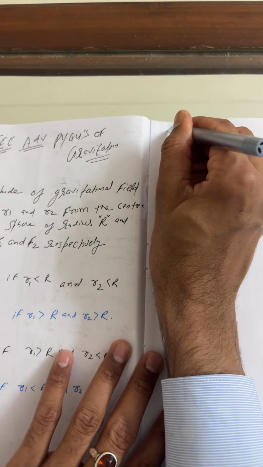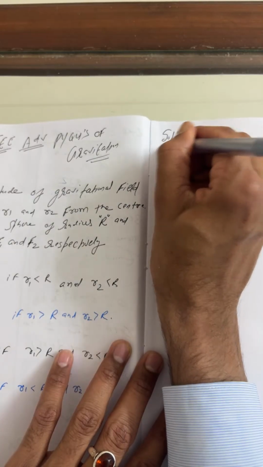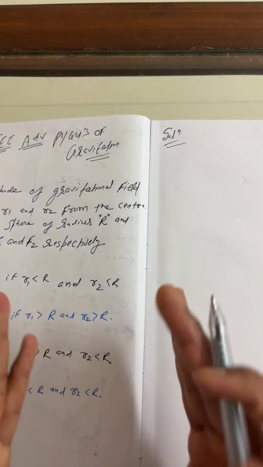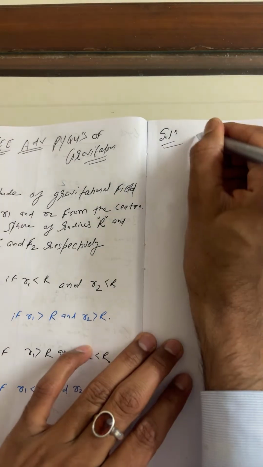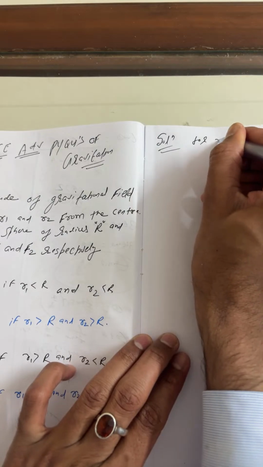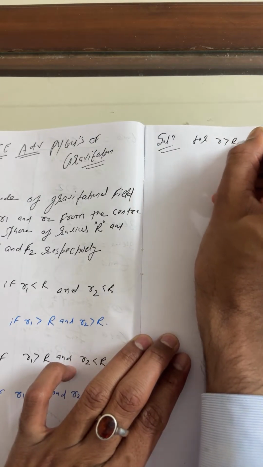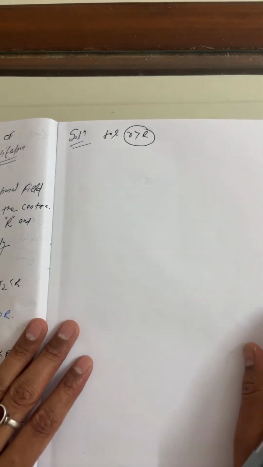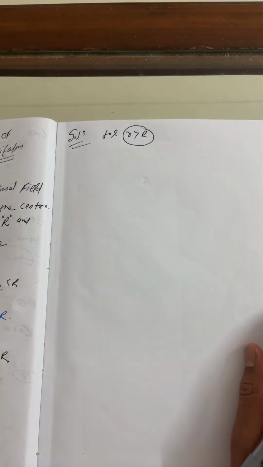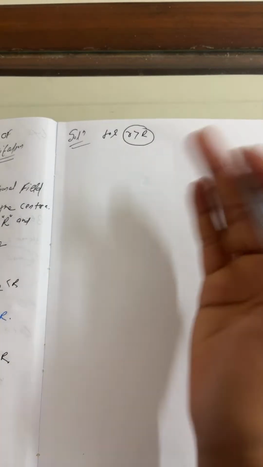Let us suppose, in the solution, the first case is small r greater than capital R, the condition outside the sphere.